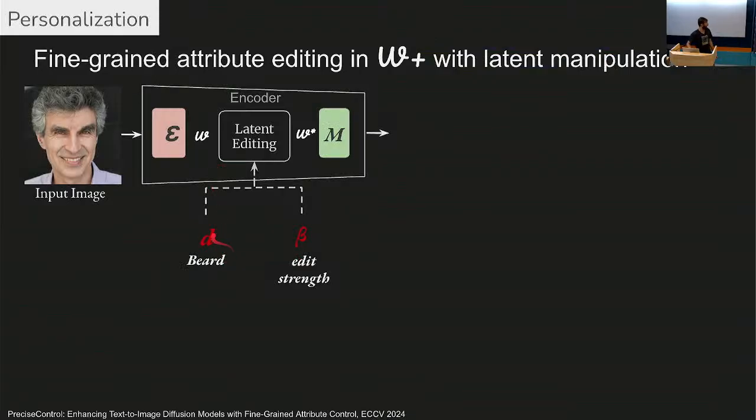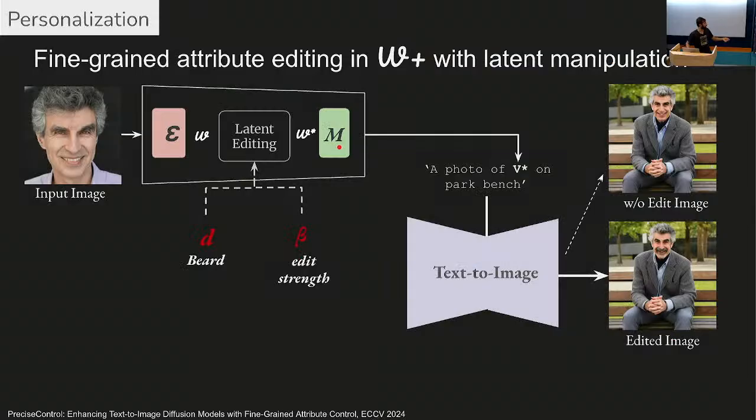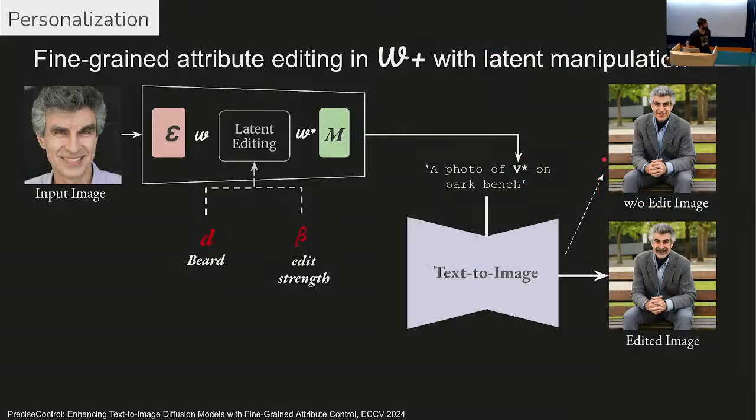You have a direction for beard already, and a strength for how much you want to add. You get an edited W, this is a W star. You pass it through that latent mapper, which gives you an edited V star. When you pass the edited V star with the prompt, a photo of V star on the bench, you will generate something like this. If you don't edit the latent, you will generate something like this.